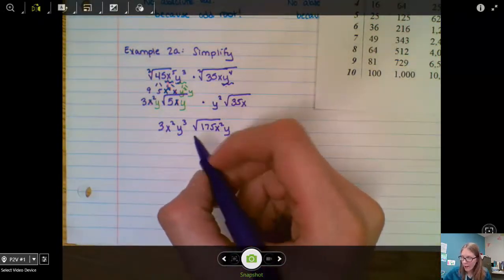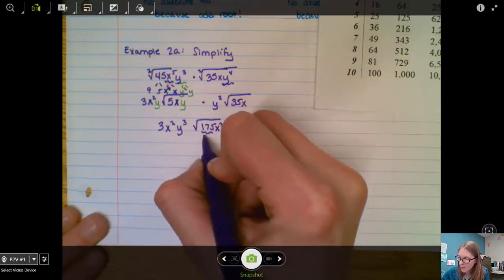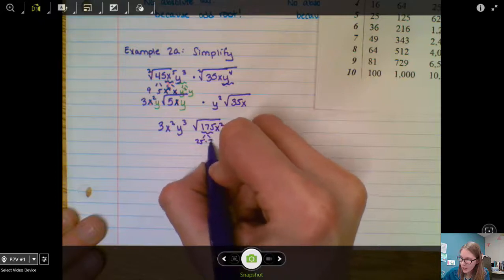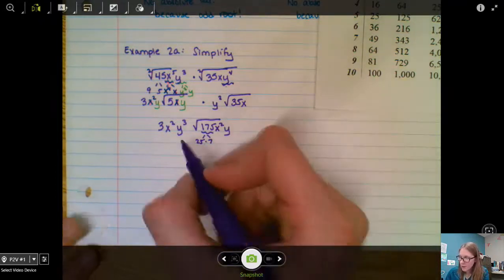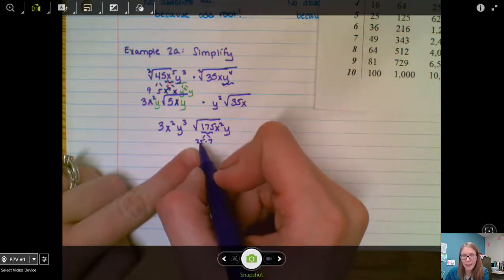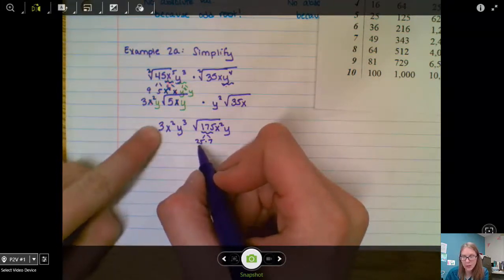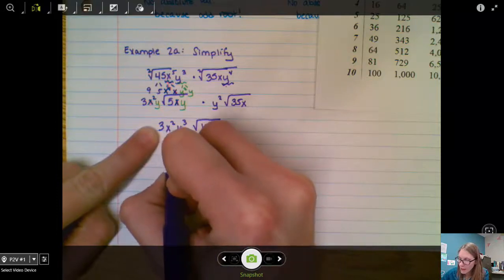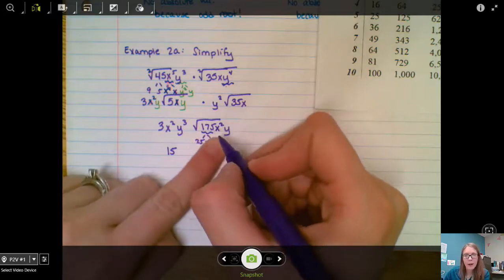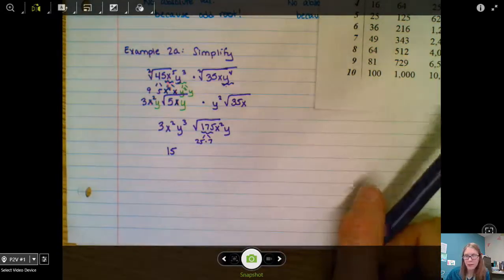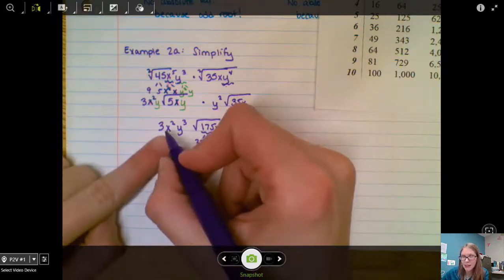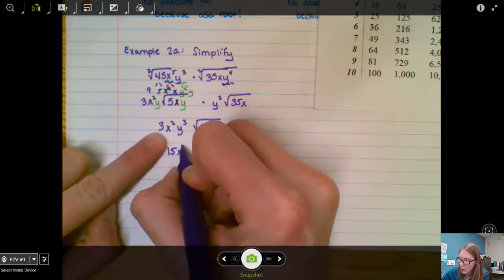So 175 is 25 times 7. The square root of 25 is 5. We'll take that 5 times the 3 that's already here to get 15 out front. The square root of x squared is x. x times the x squared that's already here gives me x cubed out front.